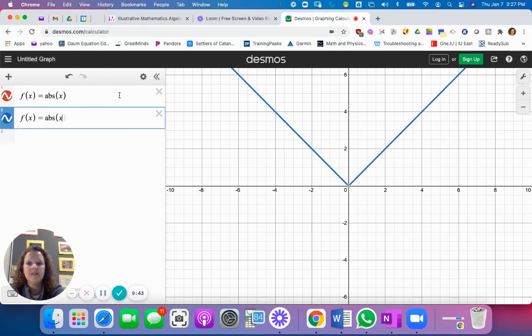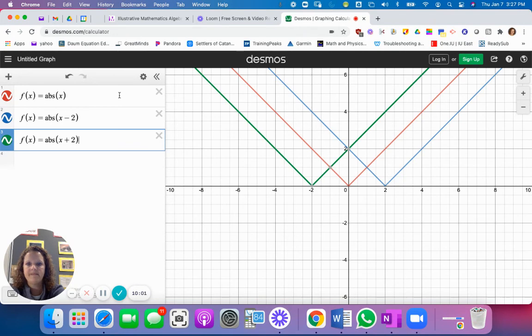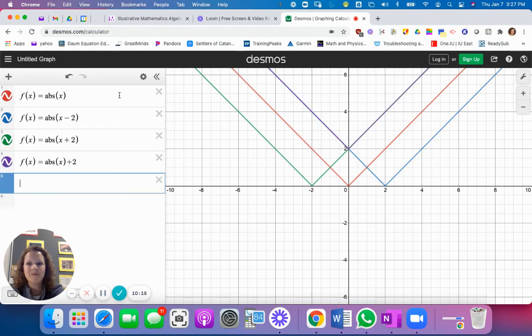Keep it in the parentheses, x minus 2 should shift to the positive side. There it goes. Absolute value, so x plus 2 should shift it to the negative side. Cool? Now, if I do absolute value of x plus 2, that's going to go up. Cool? Purple.